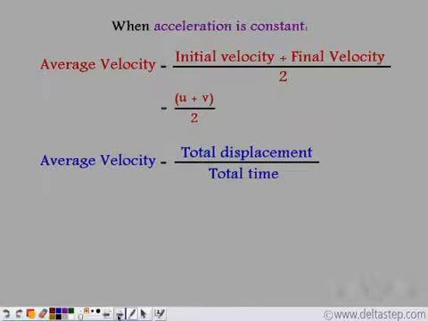We also know that average velocity is equal to total displacement by total time. Total displacement is represented as s and total time is t, so s by t is equal to average velocity. Average velocity is given by (u plus v) by 2 and it is also given by s by t, so we can equate these two terms.